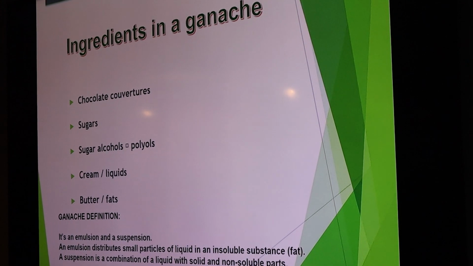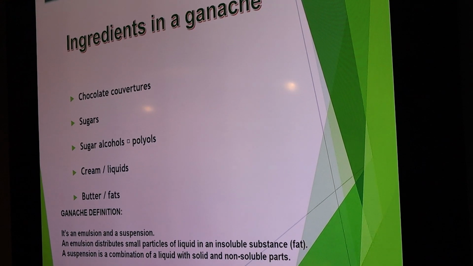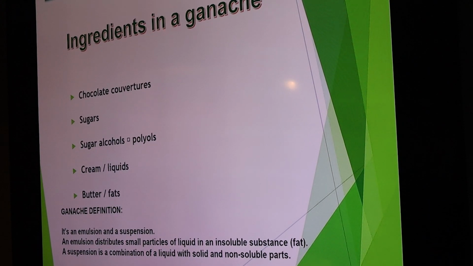For example, with the ganache that I will show today, we have the terms framer ganache, which is the one that you cut with a guitar, and molded ganache, which is the ganache that you use in praline molds.